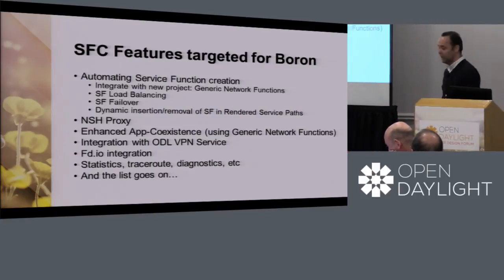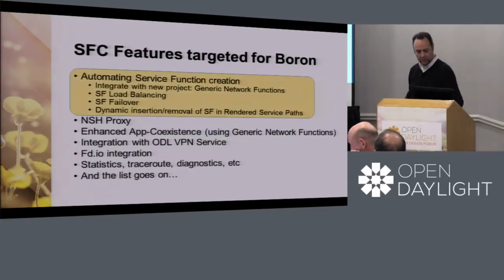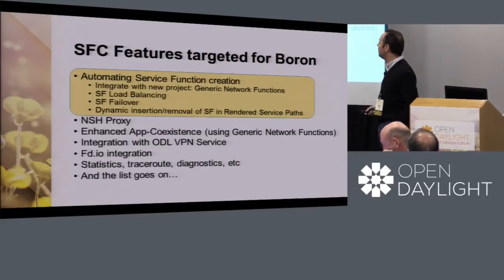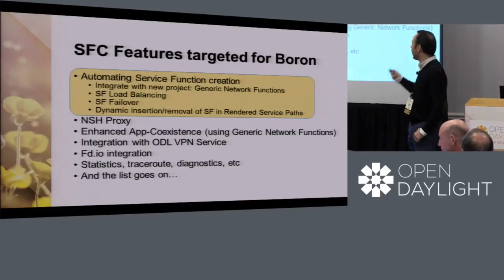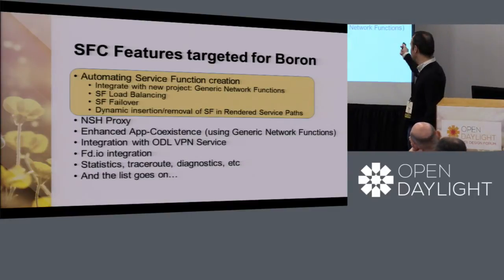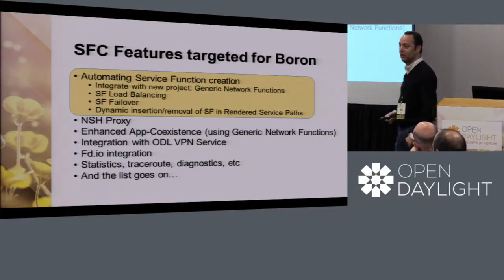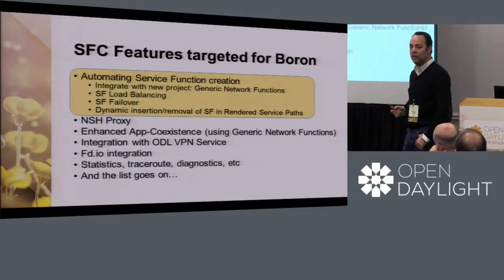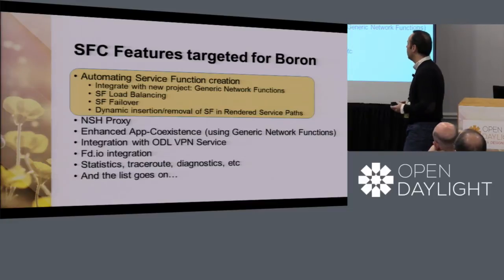But as I mentioned, I would like to focus on this first set here, automating service function creation, and that is via the Genius project, the generic network services. There's a particular part of that project we want to take advantage of called the interface manager.